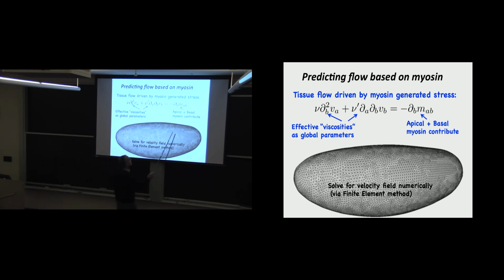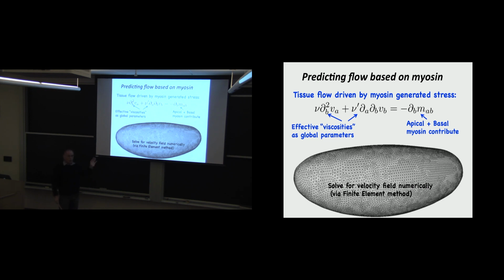So we're just going to use Sebastian's measurement of myosin tensor on the surface of the embryo and solve this little equation with two parameters. And these are going to be global parameters.